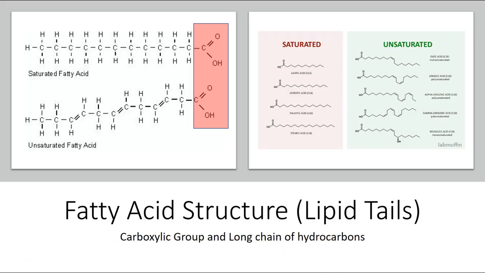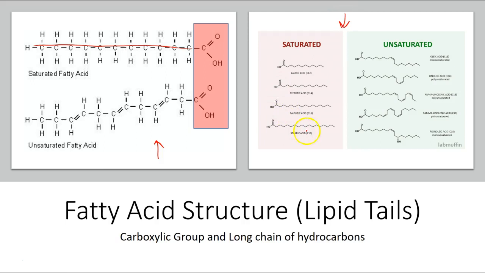Okay? If we focus on the actual tails of the phospholipid and triglyceride, you will notice that sometimes the tails are completely straight, like this one, and sometimes the tails are bent. This is a zoomed in version of what this diagram over here is showing you.